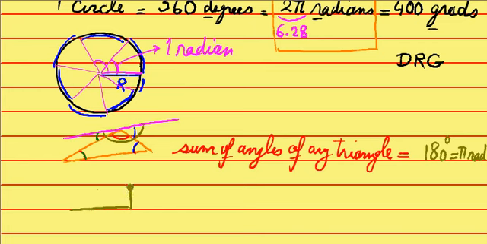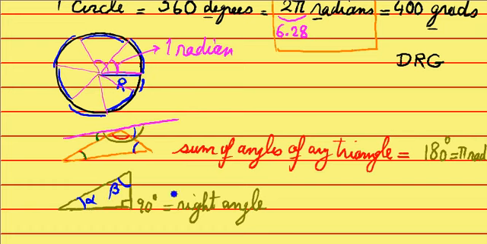A triangle that you see very often is a so-called right triangle, when one of these angles is 90 degrees. So 90 degrees is sometimes referred to as a right angle. If that's the right angle, then the other two angles that you have, this one, let's call it alpha, and this one, call it beta.